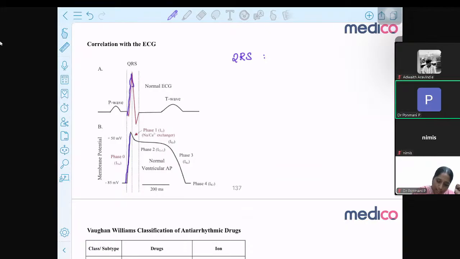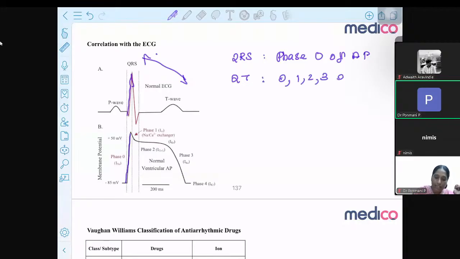This QRS complex mostly represents phase 0 of the AP. And the QT interval represents phases 0, 1, 2, and 3 of the AP. And the T wave mostly corresponds to phase 3 of the AP. These two are very important.